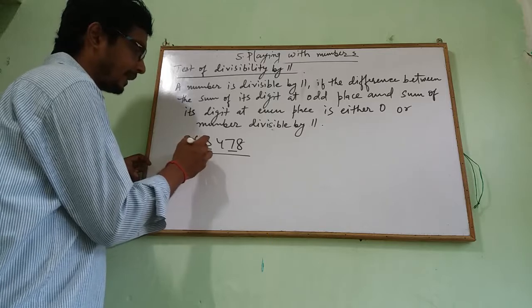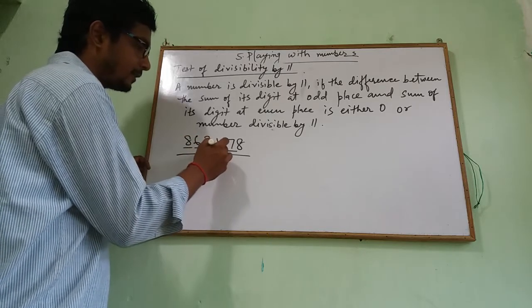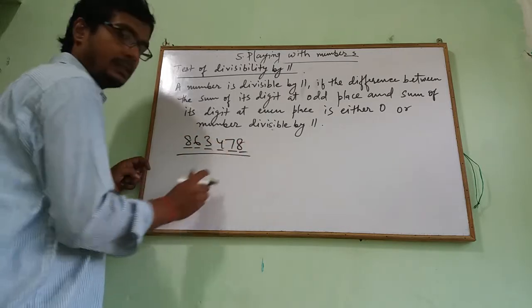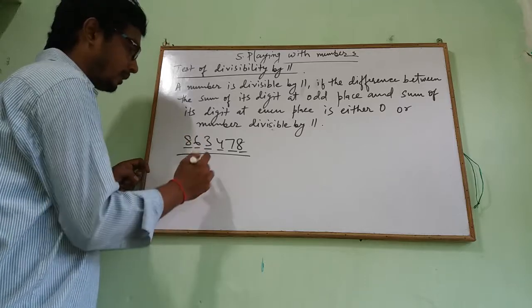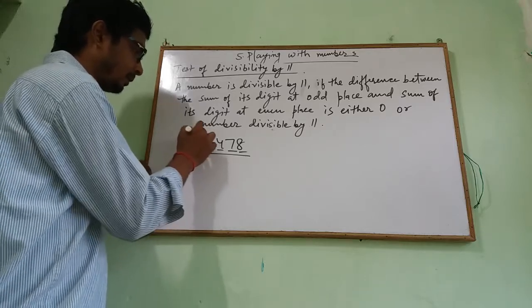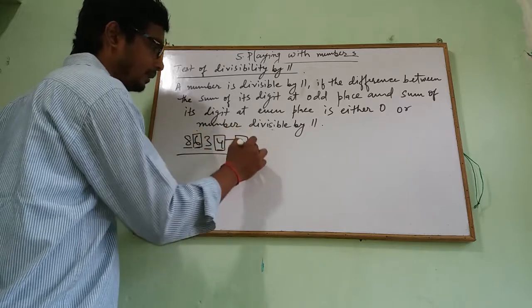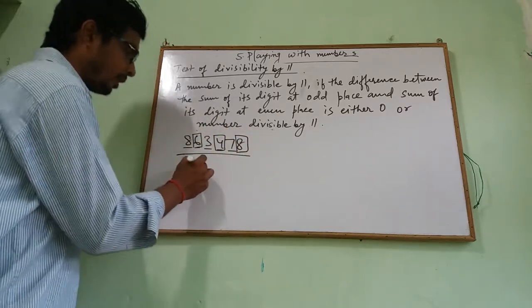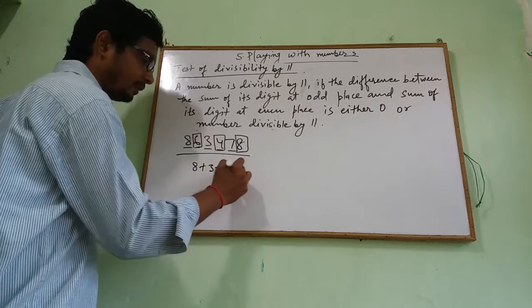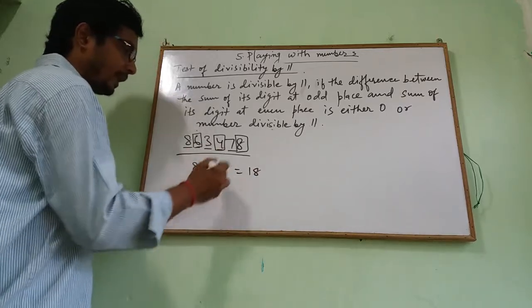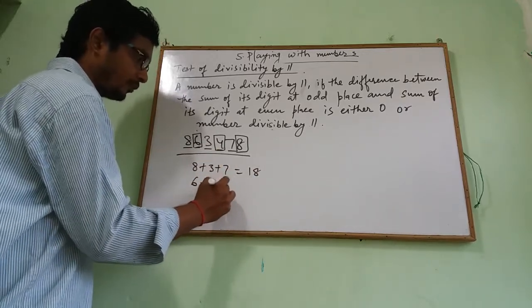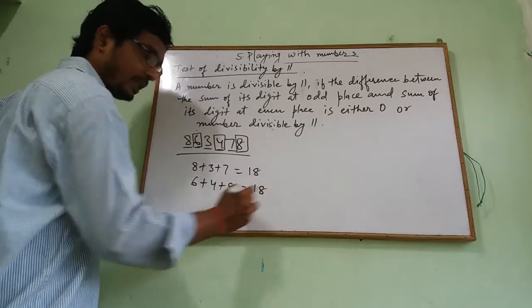And here it is second, fourth, and sixth. So I will add up the odd ones as well as the even ones. The odd ones are 8 plus 3 plus 7, so it becomes 18. And the even ones are 6 plus 4 plus 8, it also becomes 18.